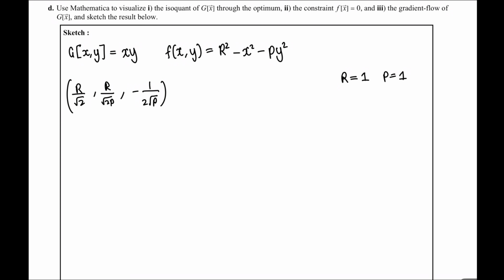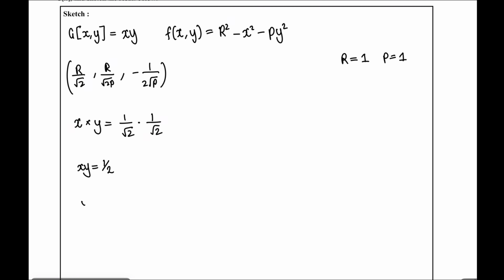So then we get, when we do x multiplied by y, 1 over root 2 multiplied by 1 over root 2, which is just a half. So xy is equal to a half. And rearranging this to make y the subject, we get 1 over 2x.